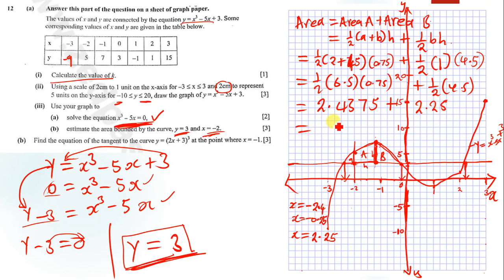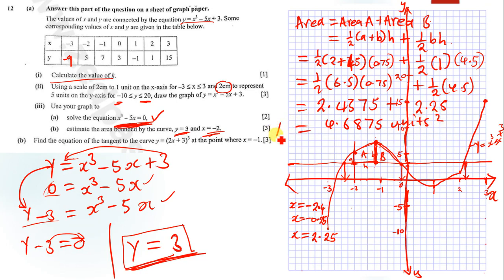Meaning the solution is, when you add 2.25 plus 2.4375, you get 4.6875.